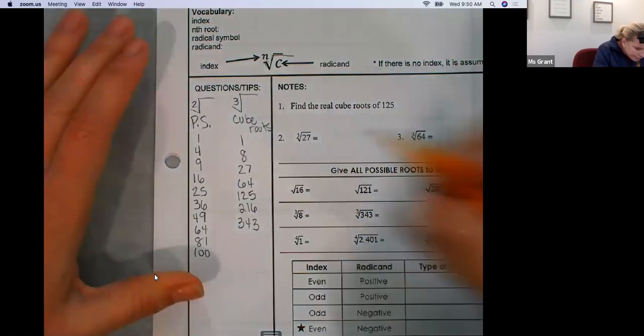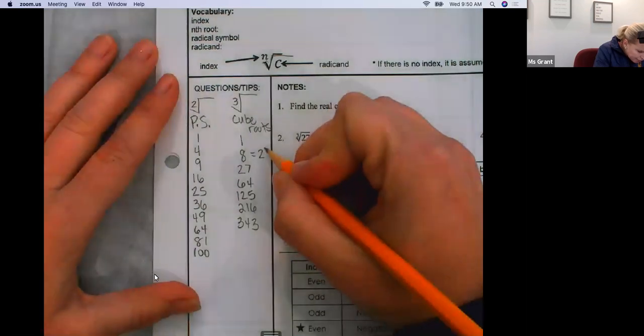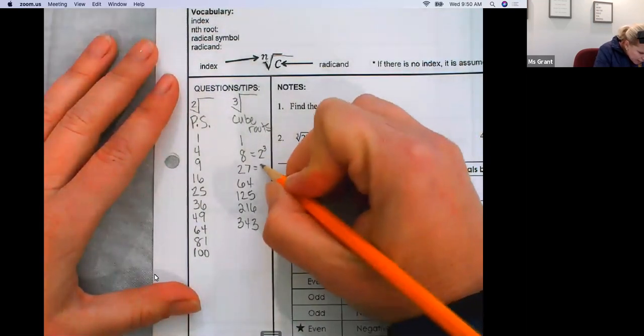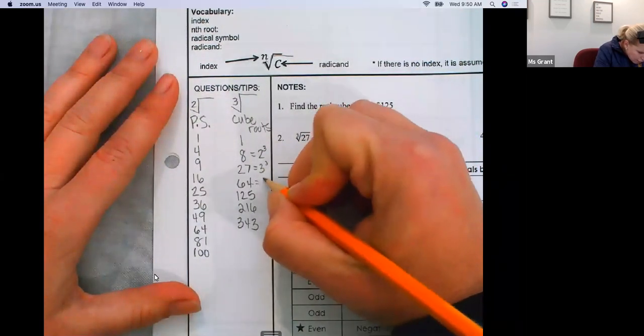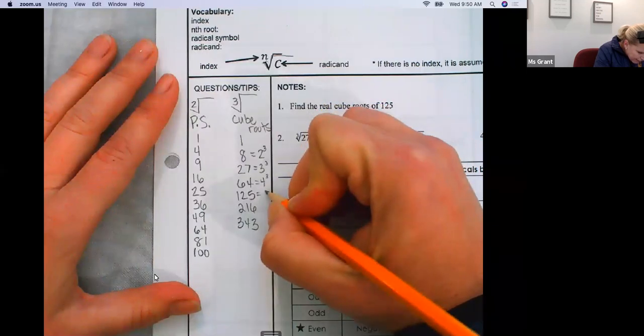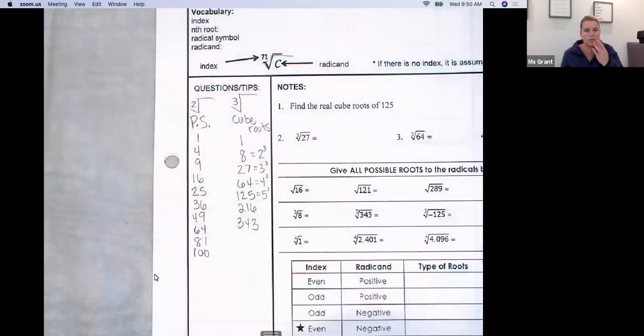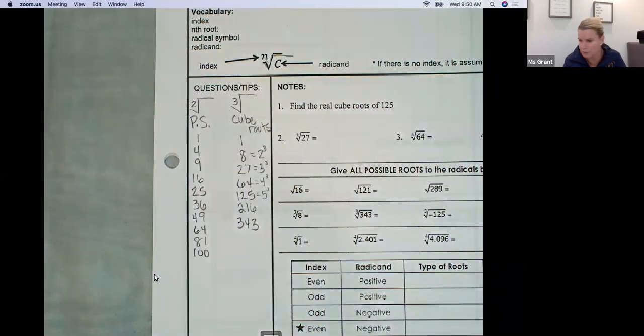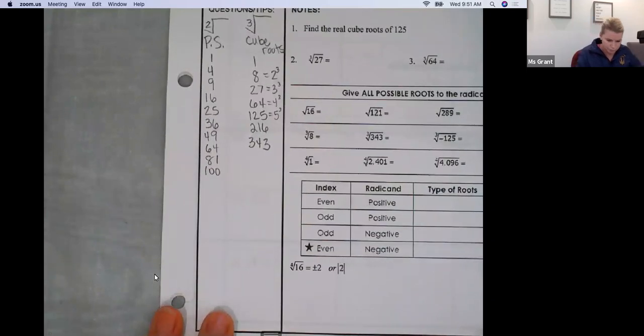And you know how 8 equals 2 to the third. 27 is 3 cubed. 64 is 4 cubed. 5 cubed, etc. So you should know those. You don't need to know all of them, but you need to be able to do in your head, what's 4 times 4 times 4? So those are my cubed roots.